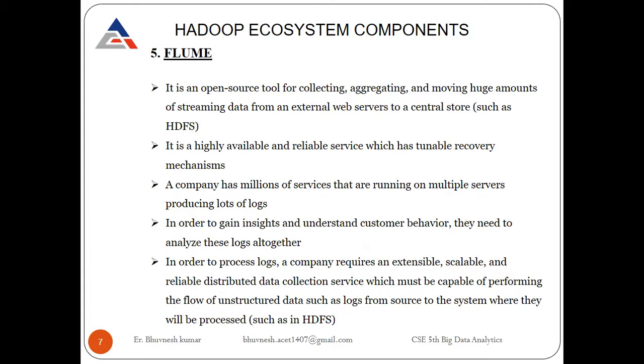Then after HDFS, there is a distribution of data from name node to data node, and again a functionality is performed by MapReduce. That is, the mapping function and then the reduce function will be performed. Then after that, there is processing that is done by your Pig tool. Okay, and the ingestion of your complete unstructured data is performed by your Flume tool.